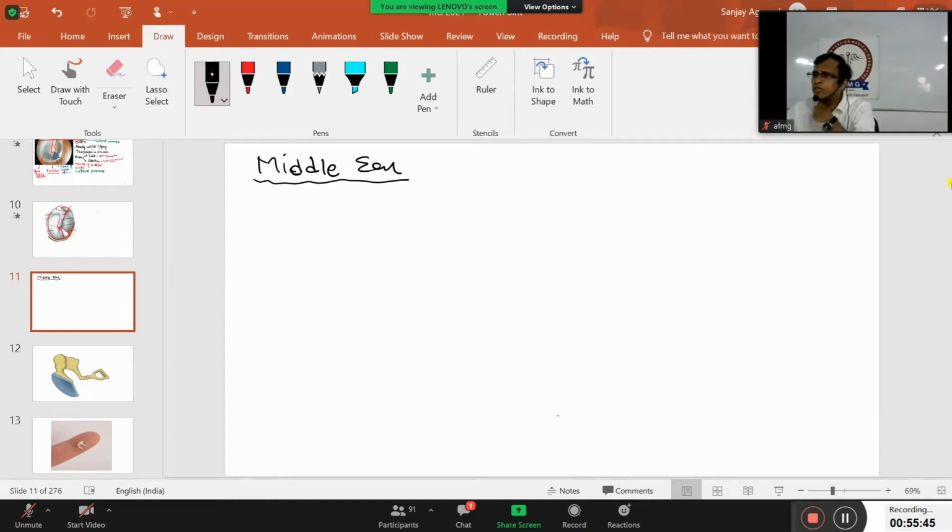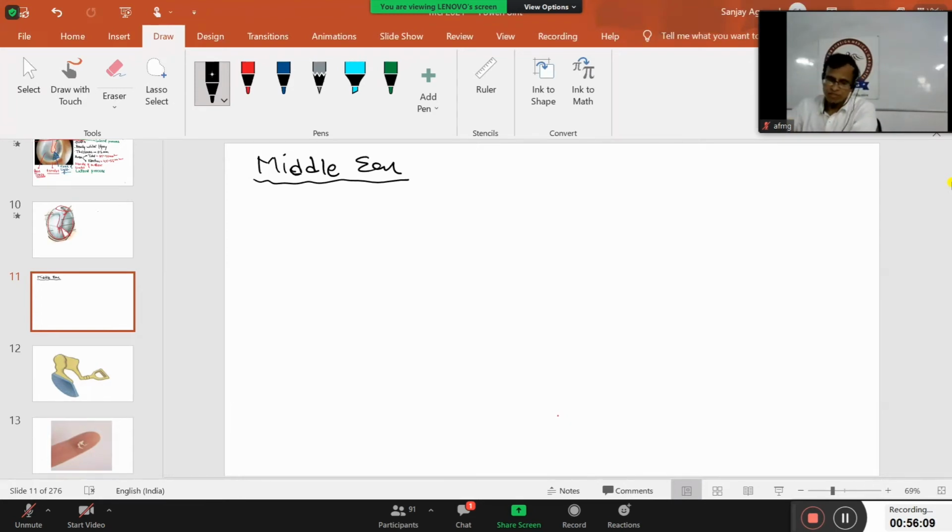How many boundaries a box has? 6 boundaries. This room is like a box. This room is also box shape. Yes or no? There is one boundary here, 1, 2, there is below, floor, that is outer boundary, 3rd, this inner boundary, 4th, this entire boundary, 5th, this posterior boundary, 6. So middle is like this box, 6 boundaries.